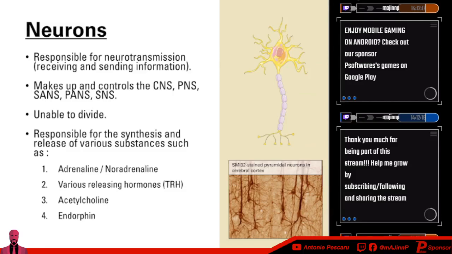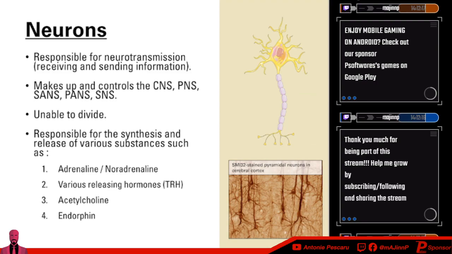Anyways. Moving on to the main event, our attack damage carries, the neurons, responsible for neurotransmission as we know. And you pretty much find them anywhere in the nervous system. Again, making up only 10%, just remember that.